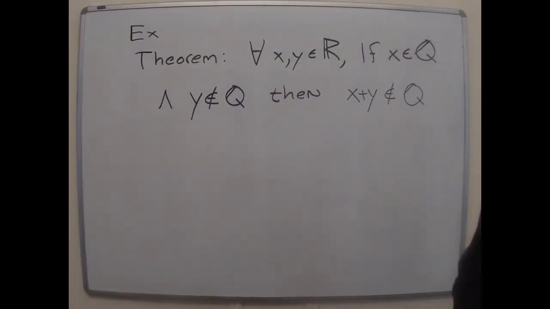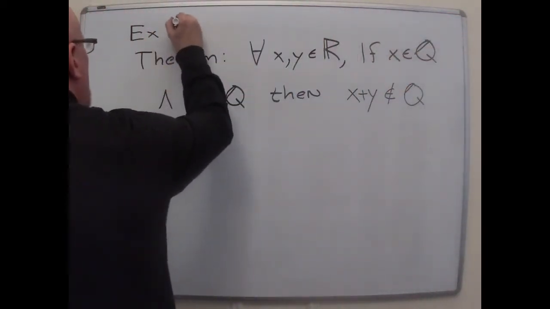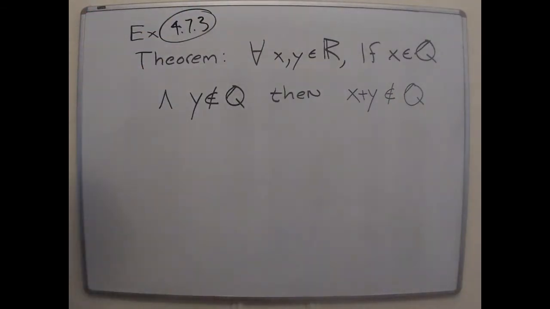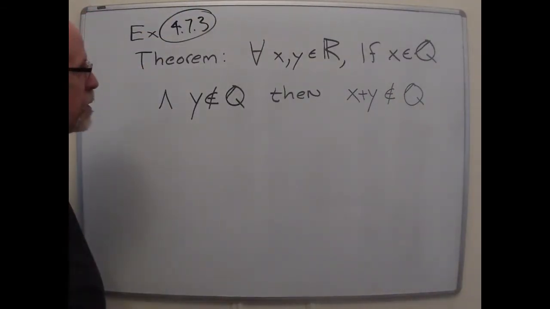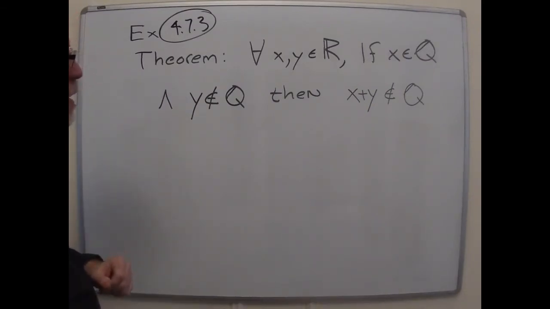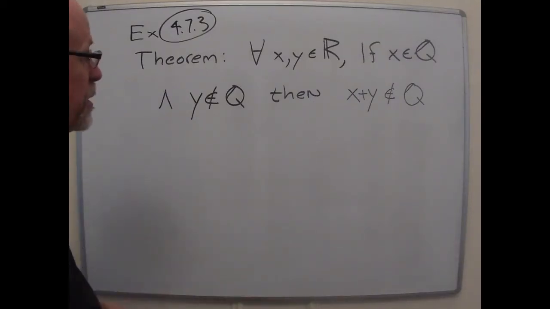So this is Theorem 4.73 in the textbook. I've written it in formal logic terms, but it's a good chance for us to convert something from formalized stuff to ordinary English as opposed to all symbolic. We're going to be using words like rational and irrational, so it's still technical language.